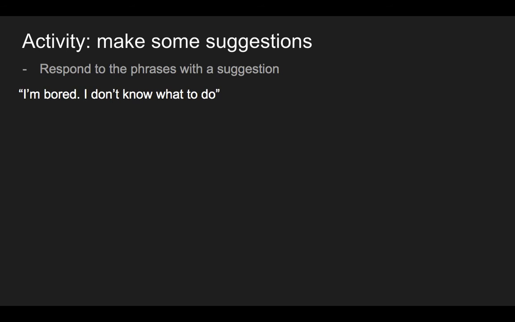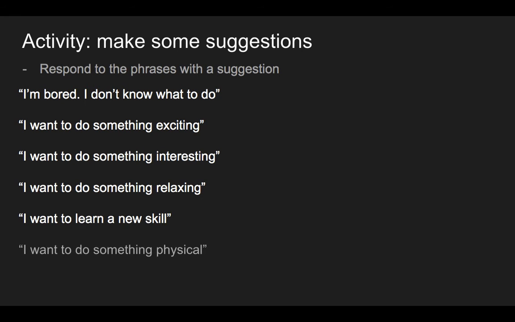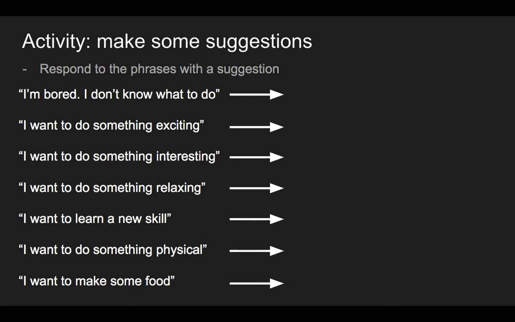Okay, let's move on to the main activity for the class. So you'll see some phrases and I want you to respond with a suggestion. For example, I'm bored, I don't know what to do. You can suggest anything. So here are the phrases. I want you to think of a response.